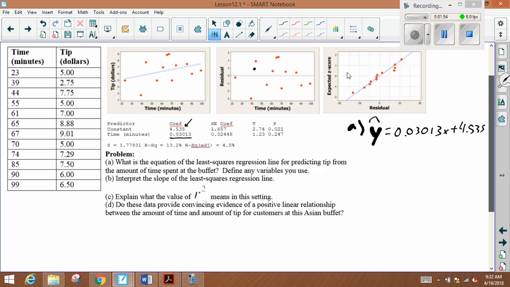So our slope tells us that we expect the tip to increase by 3 cents per minute.